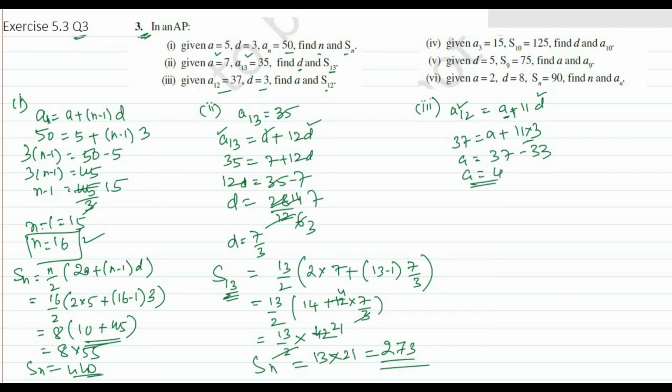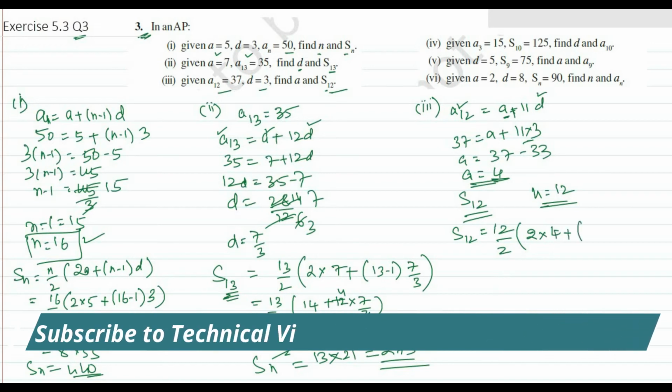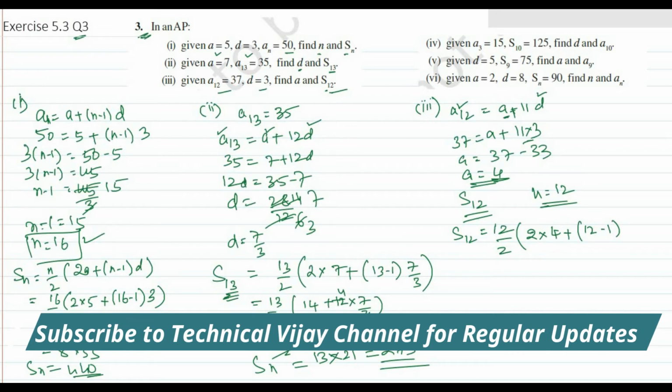Okay. So after finding A, we have to calculate S12. S12 means there are 12 terms, that is N is equal to 12. So S12 is equal to N by 2 into 2A plus N minus 1 into D. Here 2 into A, we have calculated A as 4, plus 12 minus 1 into D, and D he has given, that is 3.